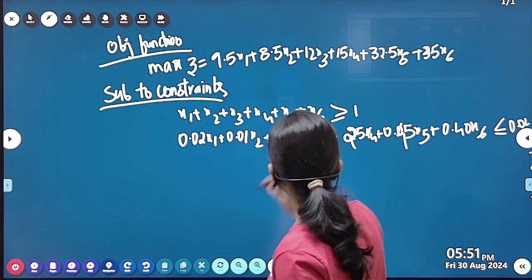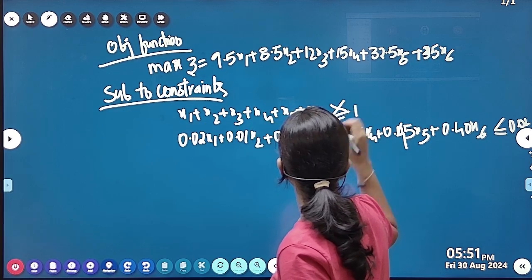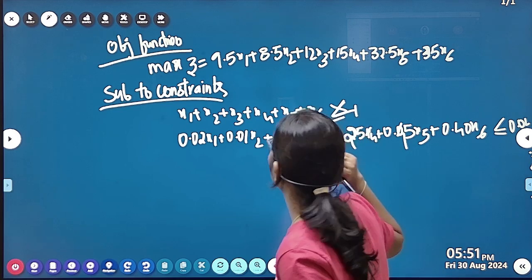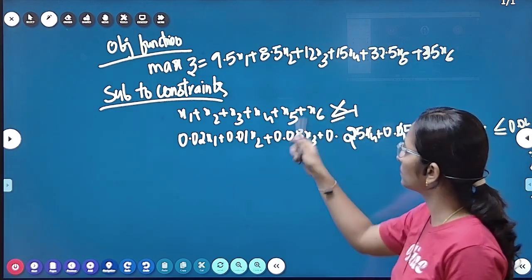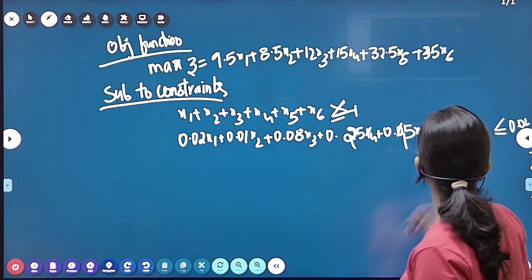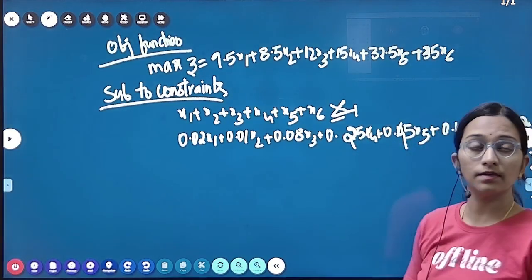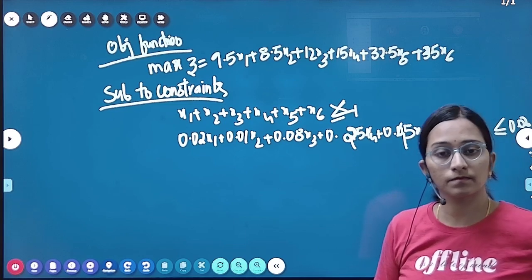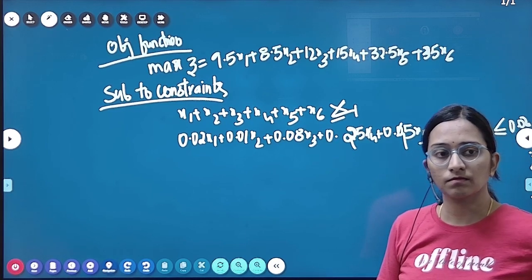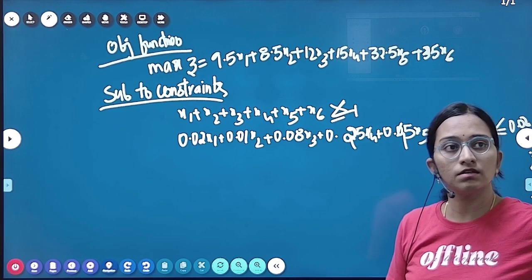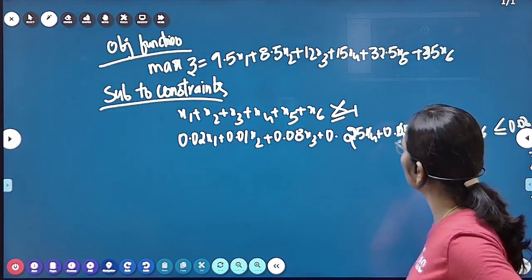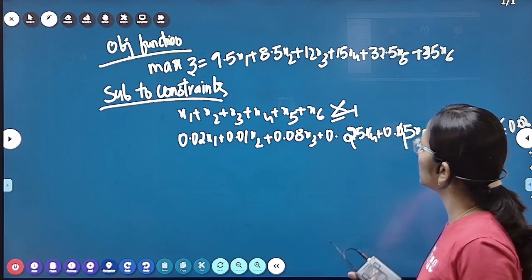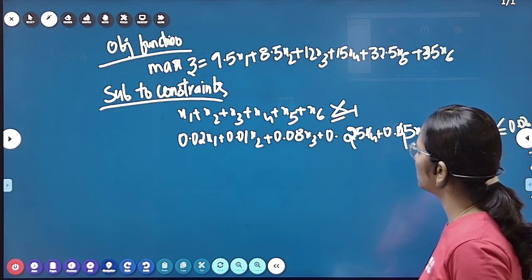Ma'am, this one also will become less than only. Tell me. Ma'am, why is the upper one less than? The upper subject to constraint, when it is the first line. First one.